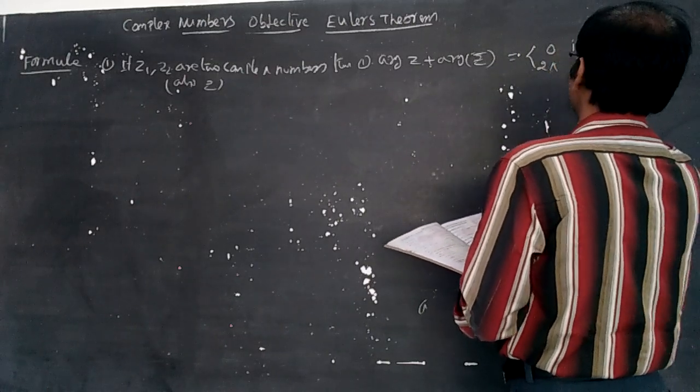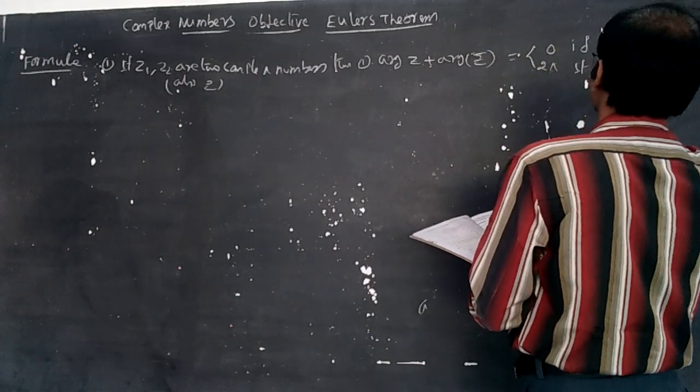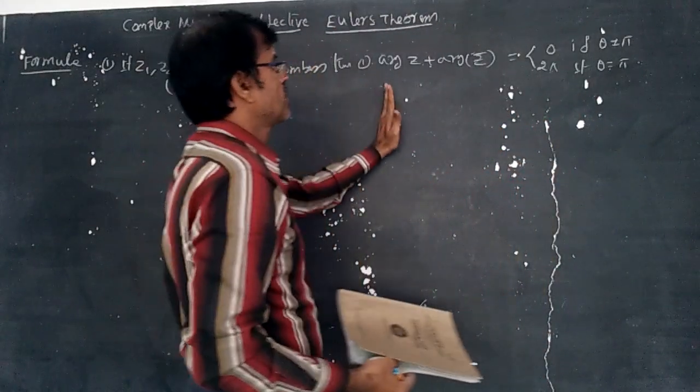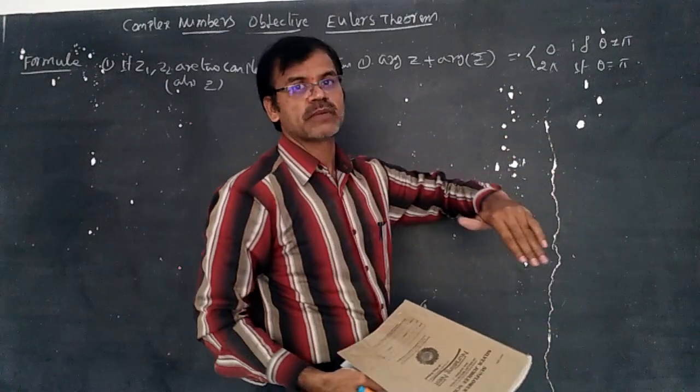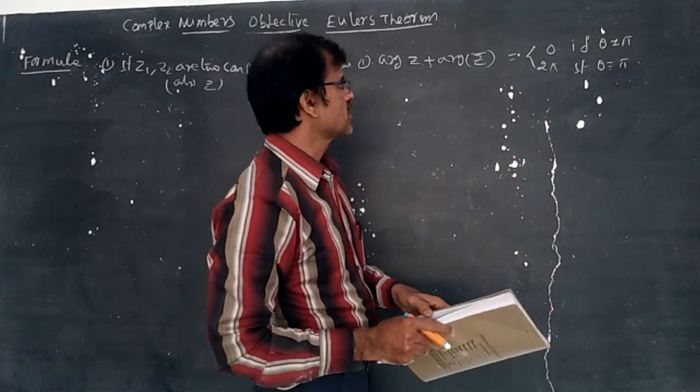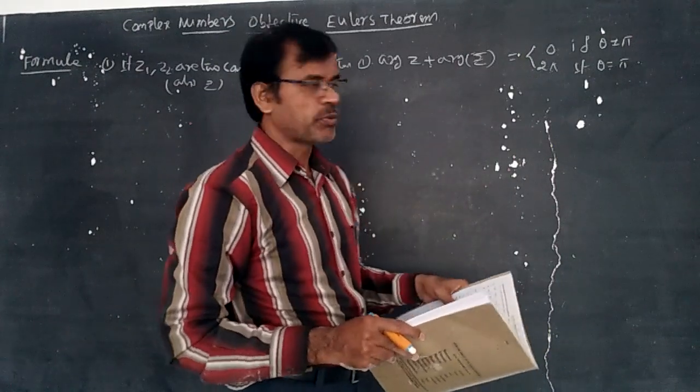It is 2 pi if theta is equal to pi. How is that possible? If it is pi, here argument z bar becomes minus pi. So you can understand pi minus of minus pi gives the value 2 pi.